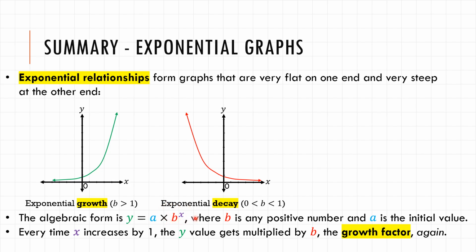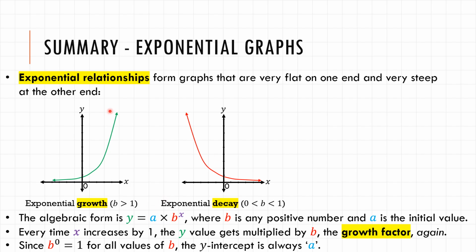It's telling you to multiply the base by itself that many times. So every time you increase x by 1, the y value has to get multiplied by the base one more time. That base is called the growth factor if it's bigger than 1, or the decay factor if it's less than 1.